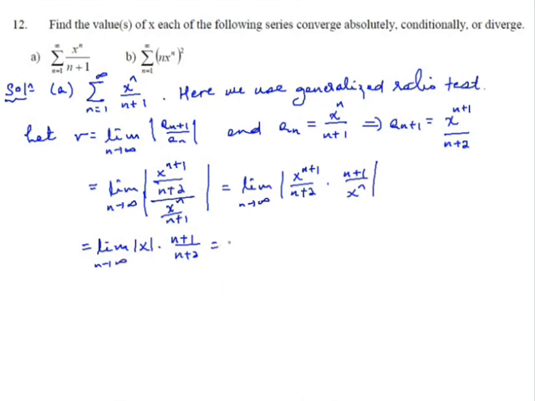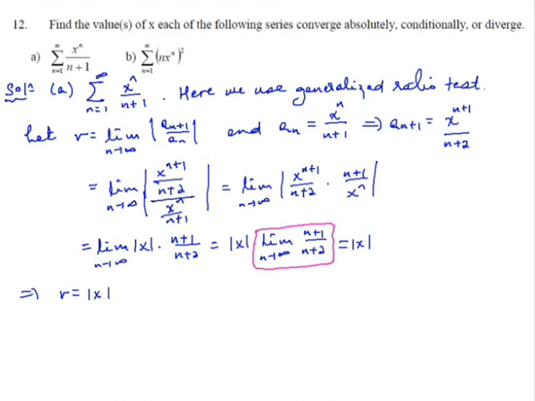So this is the absolute value of x times the limit of n plus 1 over n plus 2 as n approaches infinity. The limit of this part is 1, times the absolute value of x, is the absolute value of x. So r is the absolute value of x.